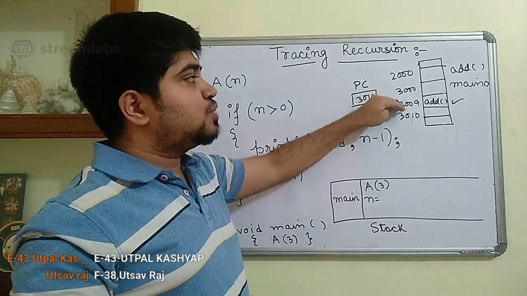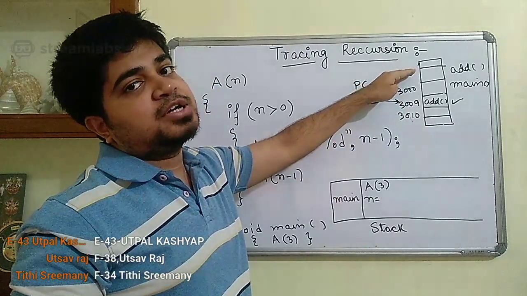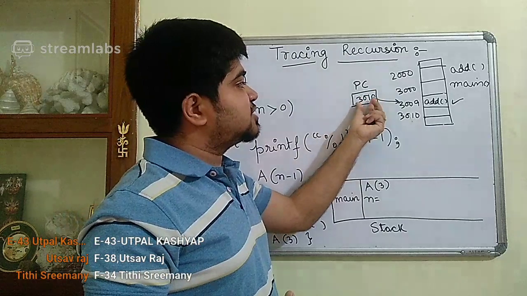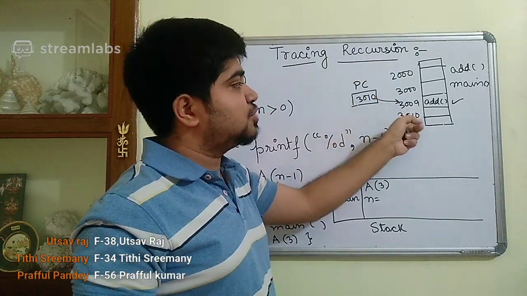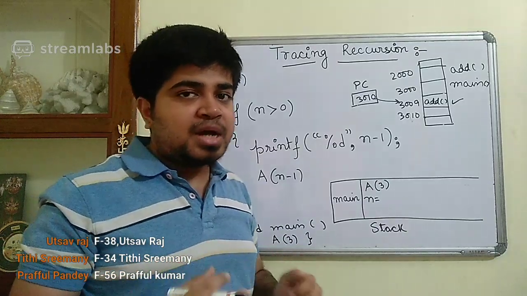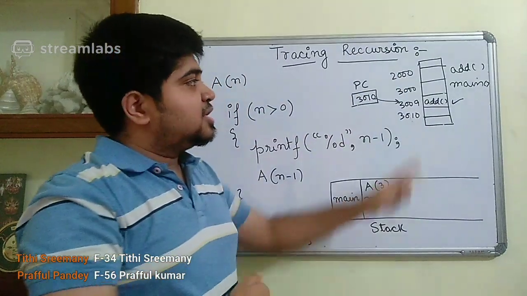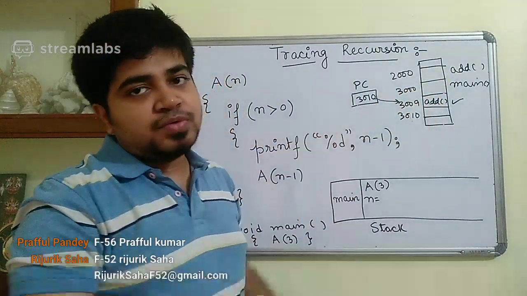So when a call to another function is made, the control goes to the add function, and the next instruction address, 3010, is not executed for the time being. But after the execution of the add function, the control will be transferred back over here.